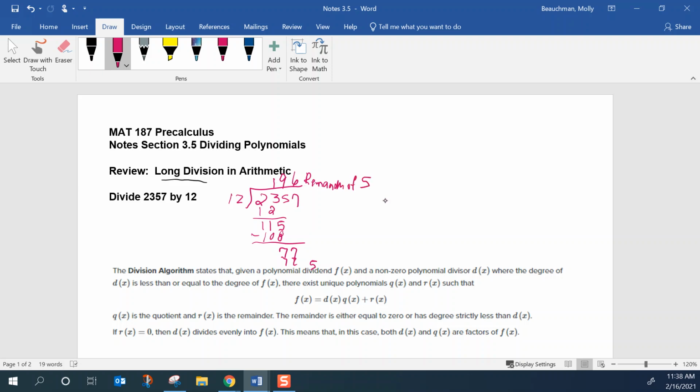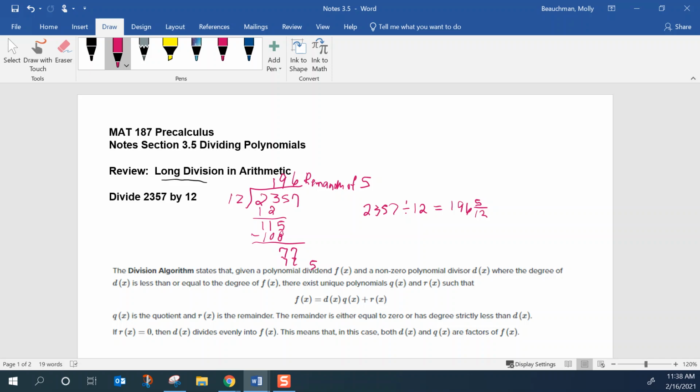So we would usually write this as 2357 divided by 12 is equal to 196, and that remainder of 5 is actually 5 over what we divided by, 5/12. Or you could change it to a decimal.